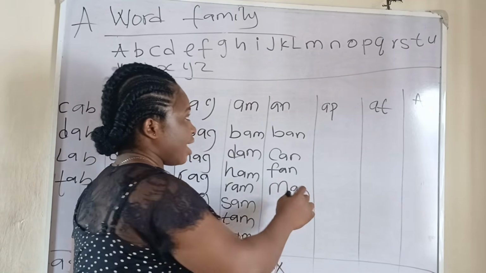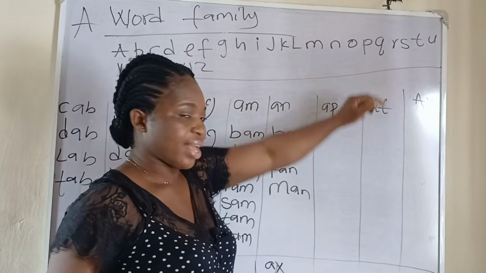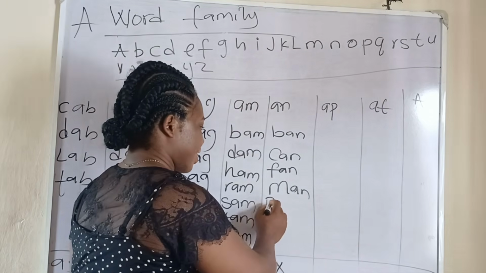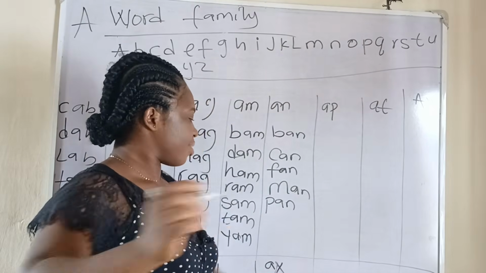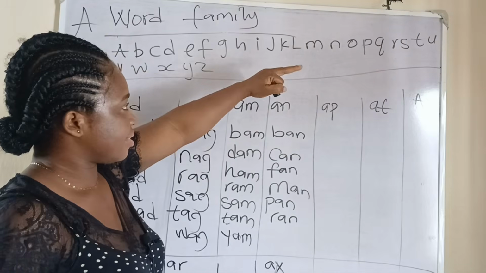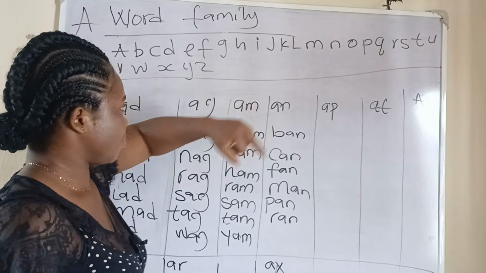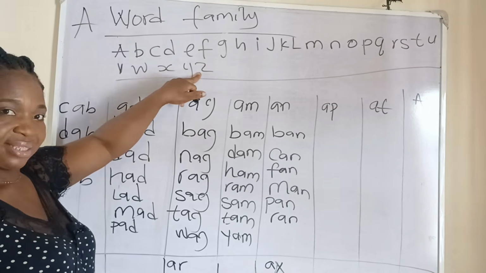And N, O, P. We have pan. We move to Q, R. We have ran. S, T, U, V, W, X, Y, and Z.